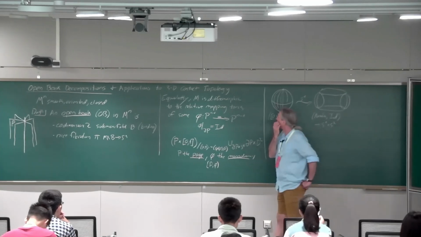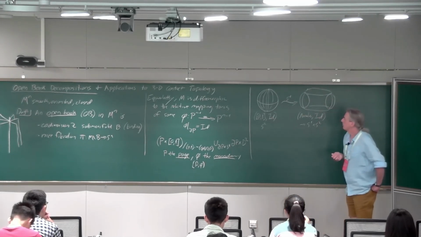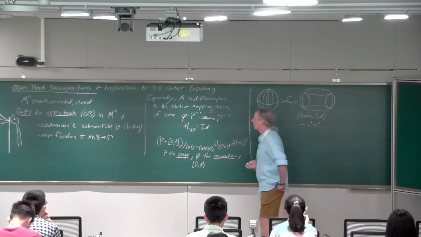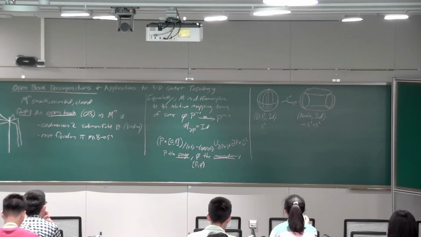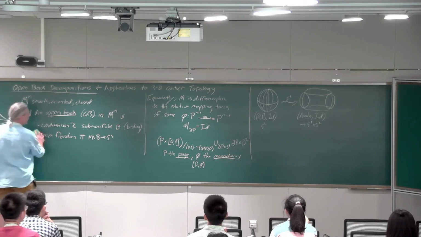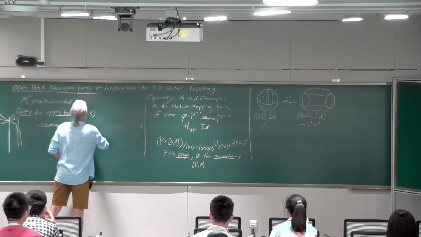By definition, it's clear that you should be able to get whatever dimension you want, a wide range of open book decompositions. In fact, quite a bit more is true, just looking generally at the existence question of these things.